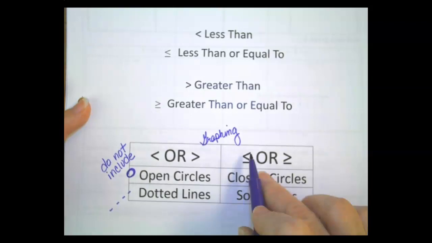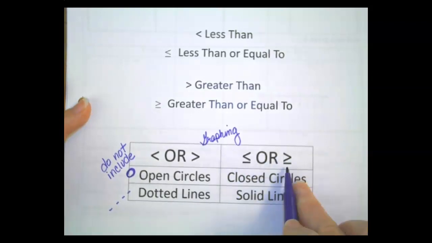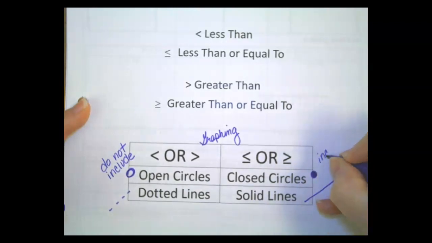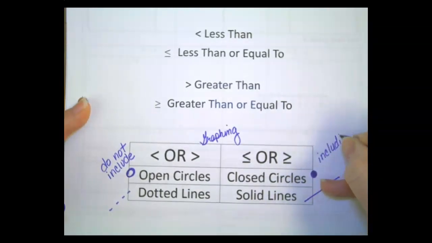If you have less than or equal, greater than or equal, then you have a solid dot when you're graphing and a solid line. So that's when you're including the value.